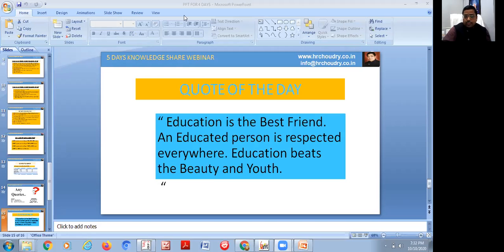Sir, can I have a question? Yeah, please. Sir, we are paying our vendors the complete invoice value. But if they are not paying GST in time, what should we do?